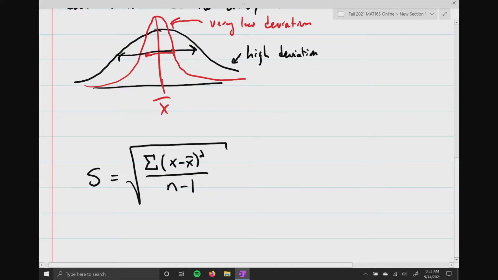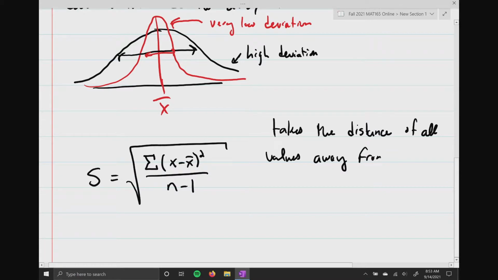Because what the standard deviation really does is take the distance of all values away from the mean and average them.